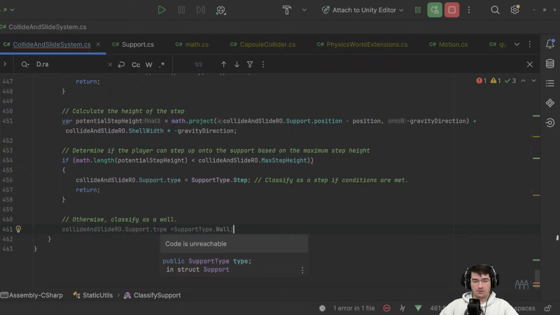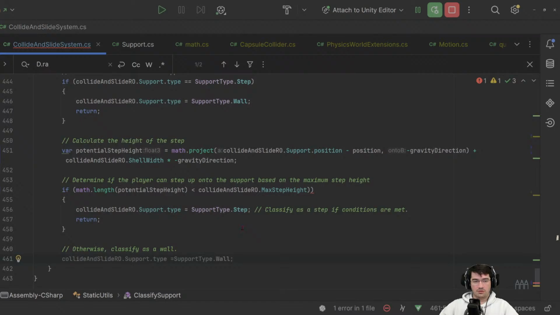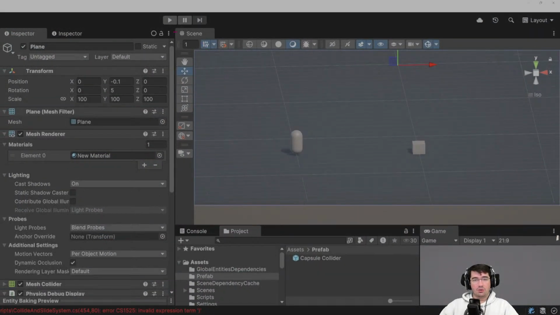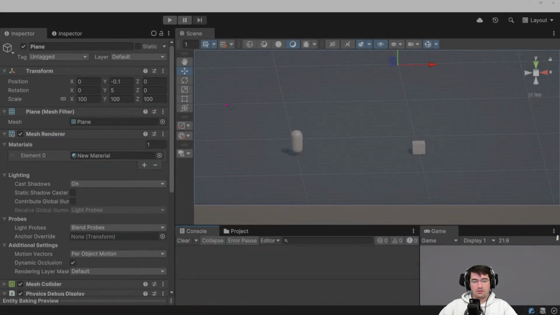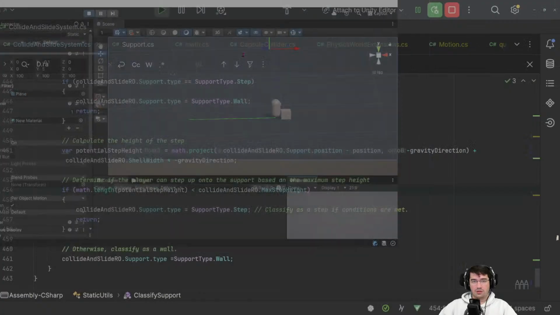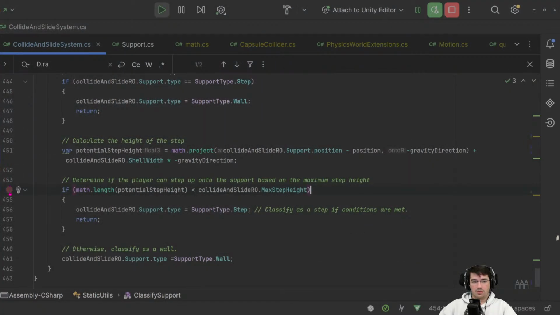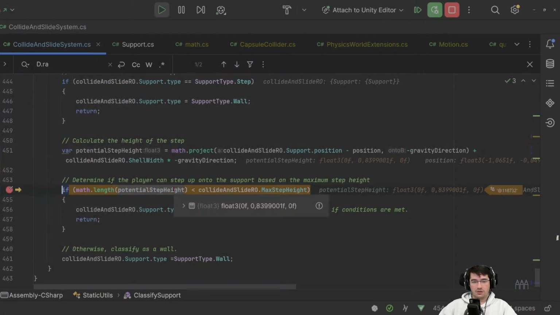And why are you not reachable? Because of this parenthesis. Okay. Tuck. And I still cannot step over it. So the computation is identical.